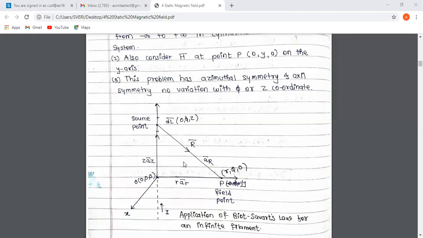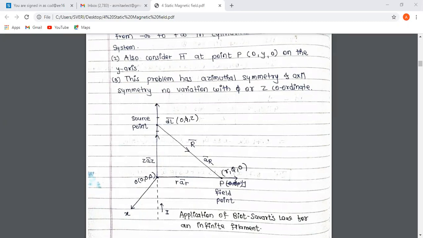Actually we are considering again cylindrical coordinate system, so we will put accordingly the coordinates also. So here point P is placed on y-axis, and that point P will be nothing but the radius of your cylinder. Just connect this source point, that is dl bar, to point P, so that we can find the magnetic field intensity at point P.